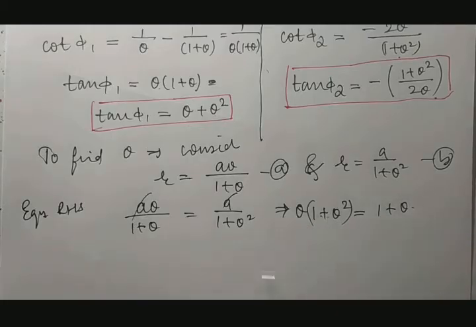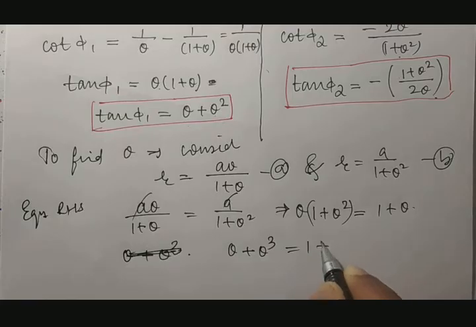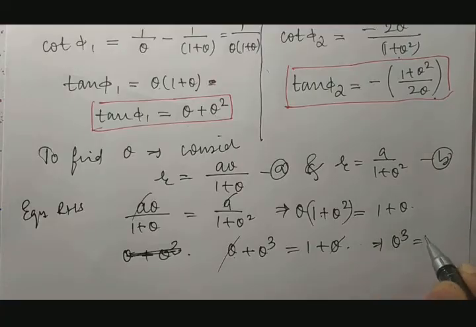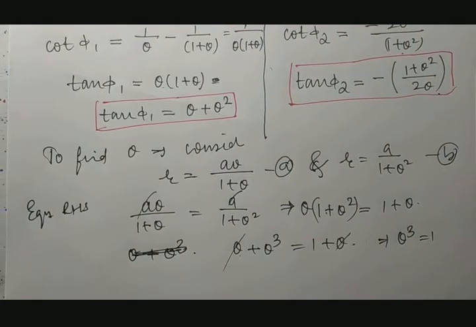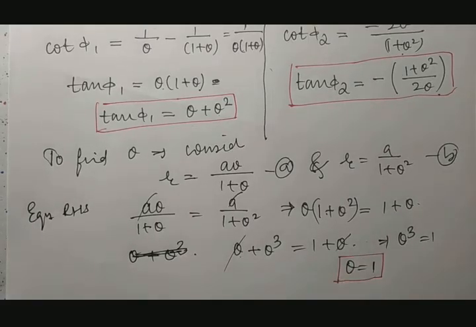So theta plus theta cube is equal to 1 plus theta. On both sides there is a theta, so this theta gets cancelled. Therefore, theta cube is equal to 1, so theta is equal to 1. The value of theta is 1.